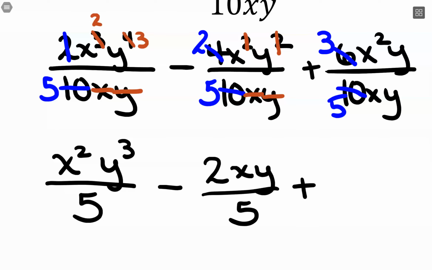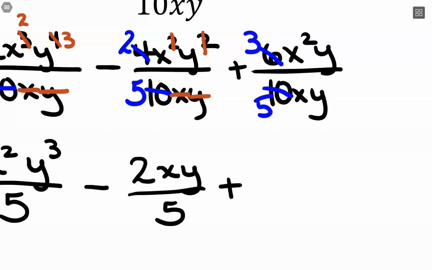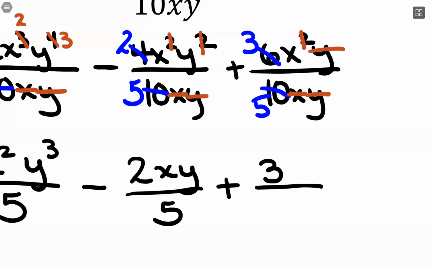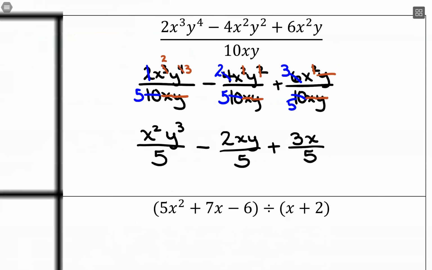And then plus, and canceling out, x squared divided by x would leave us with 1x left over. Y divided by y is just going to turn to 1, so those y's completely cancel out. So with this piece, we have a numerator of 3 times x, and in the denominator, 5.